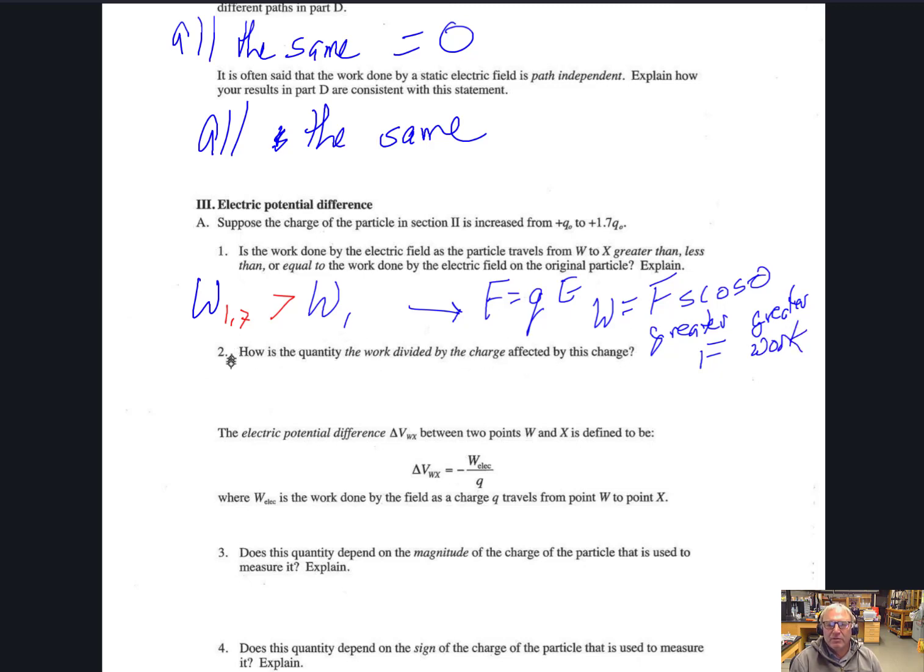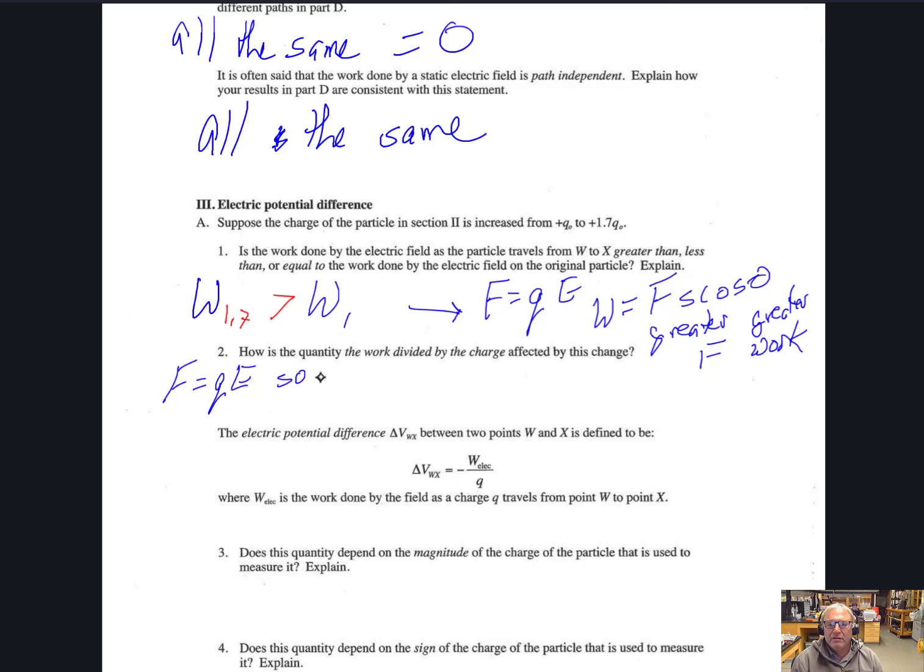How is the quantity work divided by charge? Okay. So let's see. Oh, right. F equals QE.